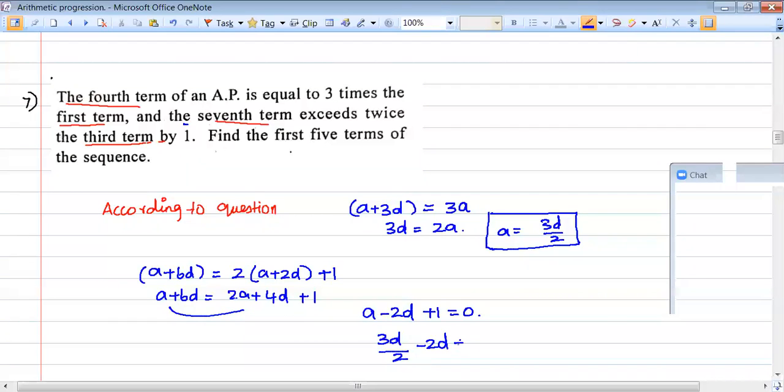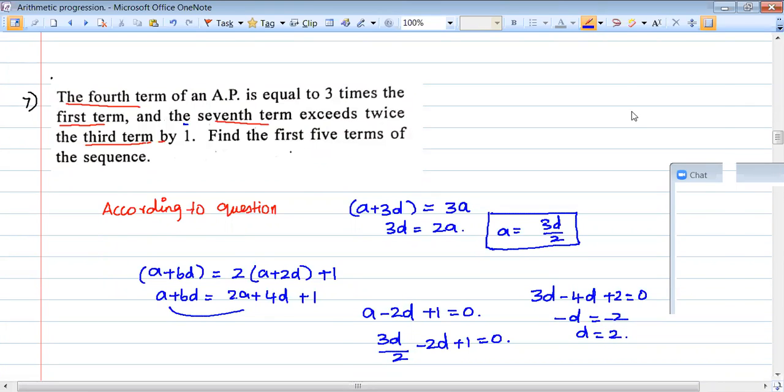So now solve it, you will get 3D minus 4D plus 22 is equal to 0. Minus D is equal to minus 2. What is D? D is equal to 2.